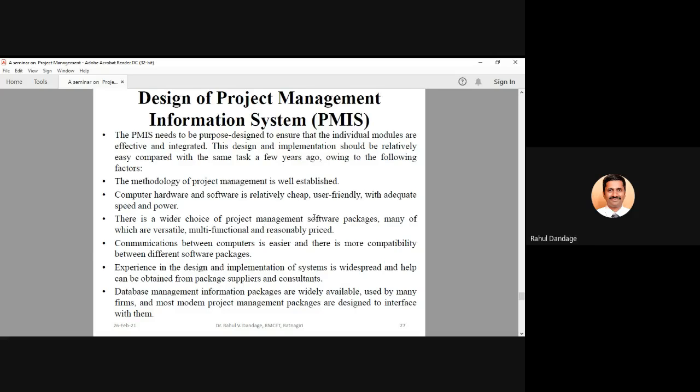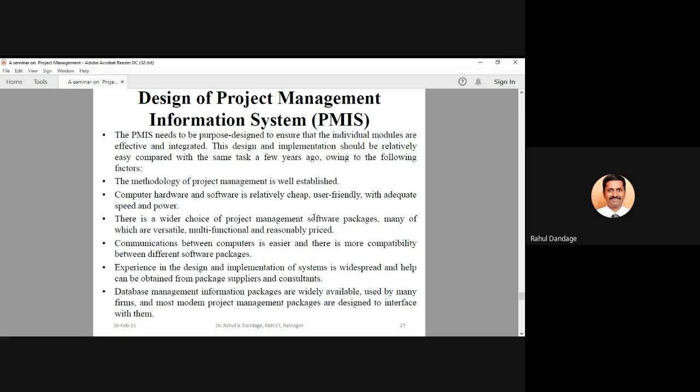Communications between computers is easier and there is more compatibility between different software packages. Experience in the design and implementation of system is widespread and help can be obtained from package suppliers and consultants. That is another beauty of this project management information system.